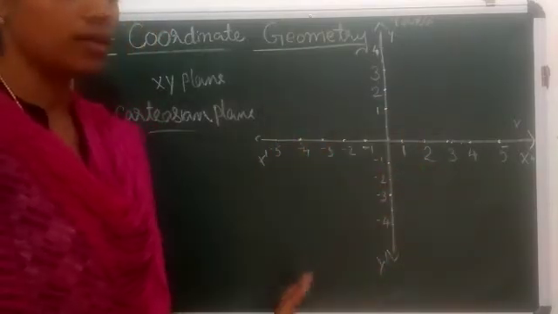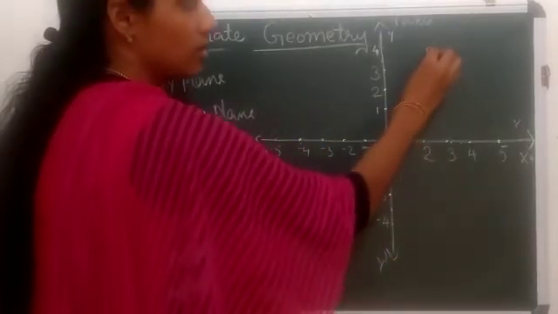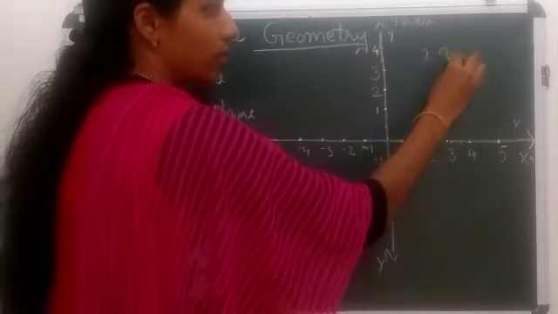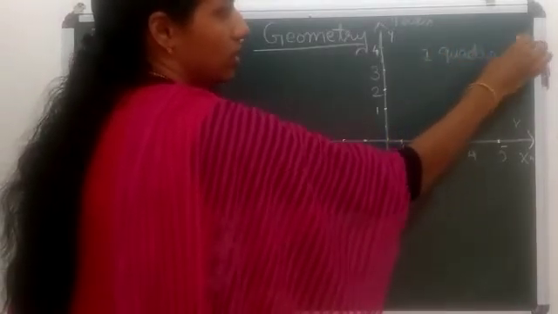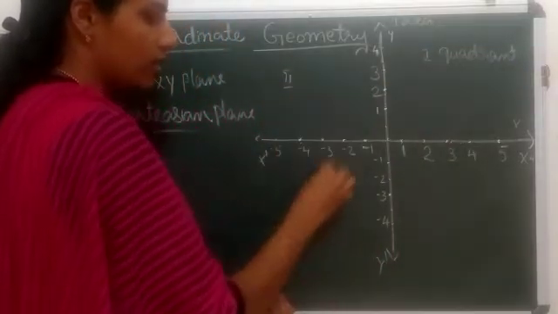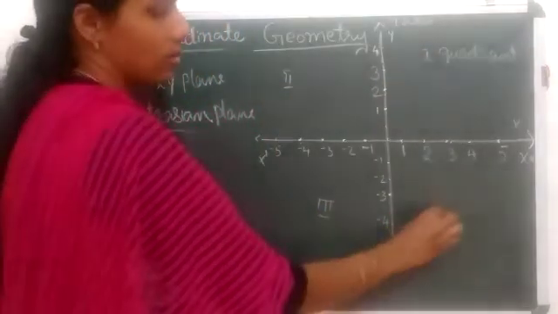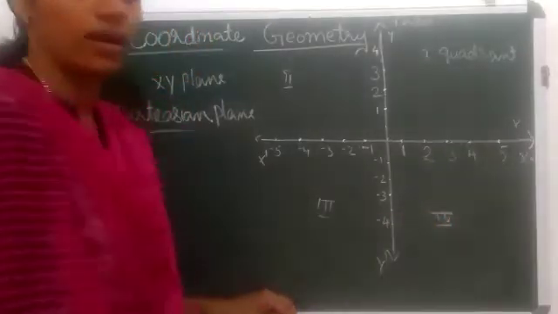These 4 parts are called quadrants. So this is our first quadrant, this is our second quadrant, this is our third quadrant, and this is our fourth quadrant.